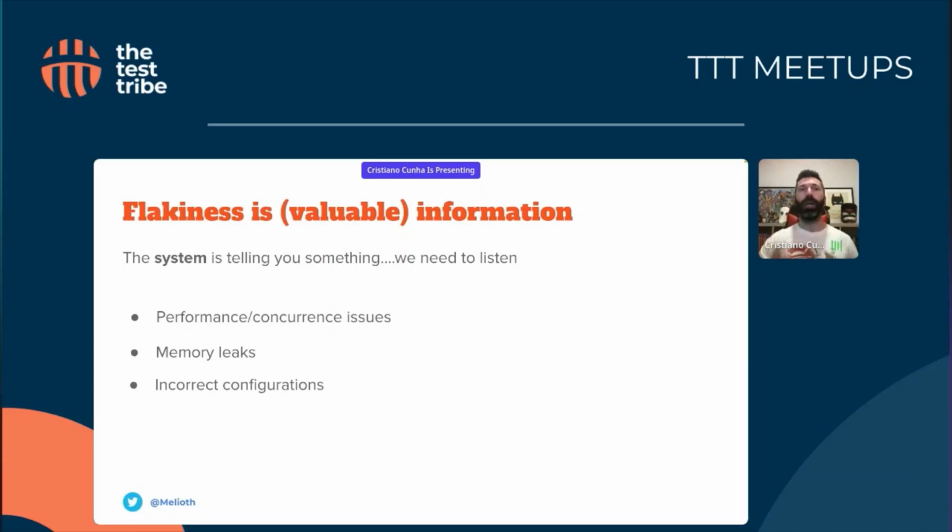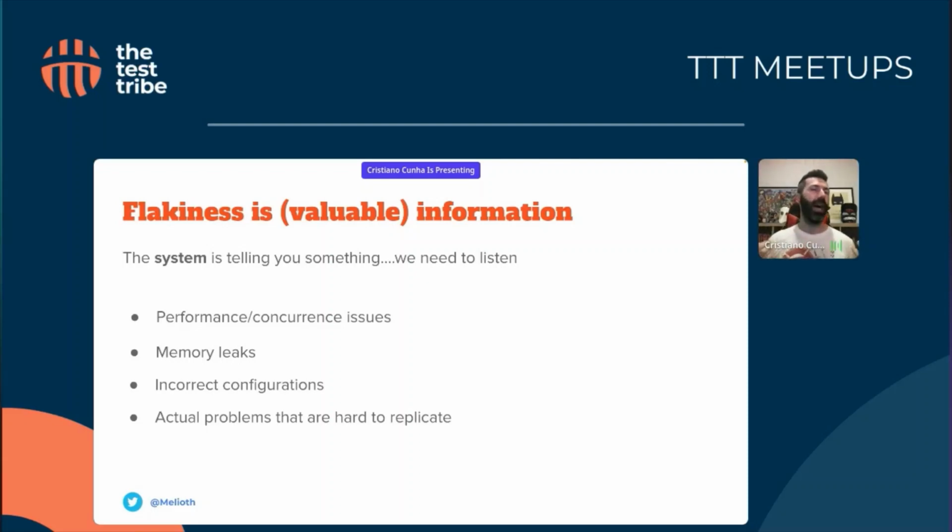And if you don't apply the right configurations to the right environments, your application will start not behaving like it should. And sometimes it kind of works and you don't know why, and it fails and you don't know why. So configurations are also something that you need to consider. But again, you need to listen to what the system is telling you.